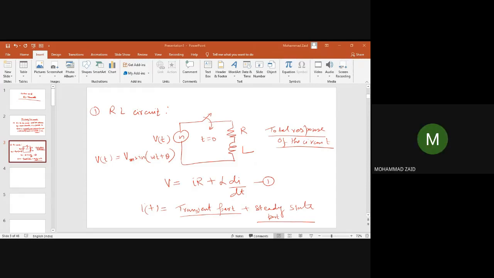Phasor diagram, okay. For the transient response, what should I do? That is the question. For getting the transient response of the circuit in the case of AC, because now the forcing function is not DC but AC, Vm sine of omega t plus theta, what should I do, and what should I do for the steady state response?